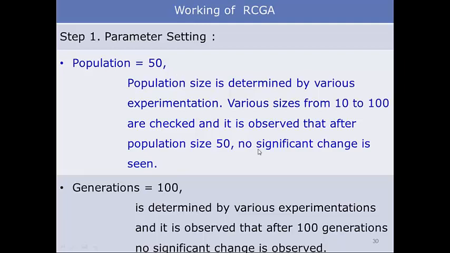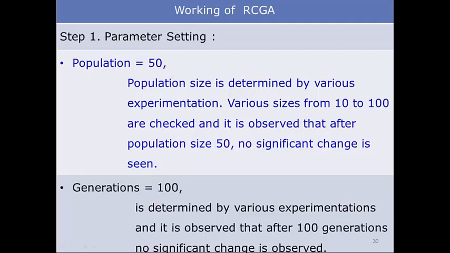How? Initially I tried populations of 100, 200, 500, 10, 20, 30, in this way. And after selecting different populations, I went for different iterations of each population, and ultimately I came to know this when going for a population size of 50.